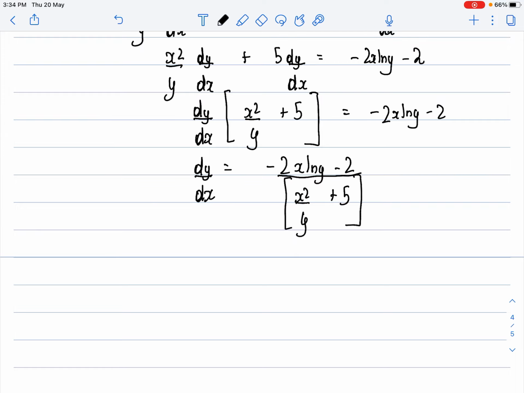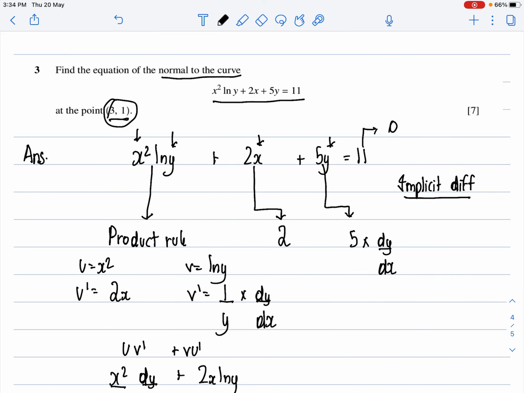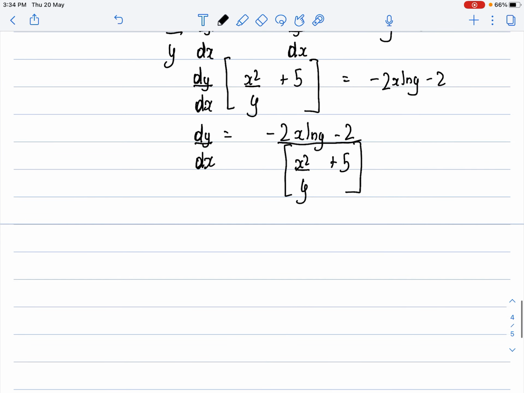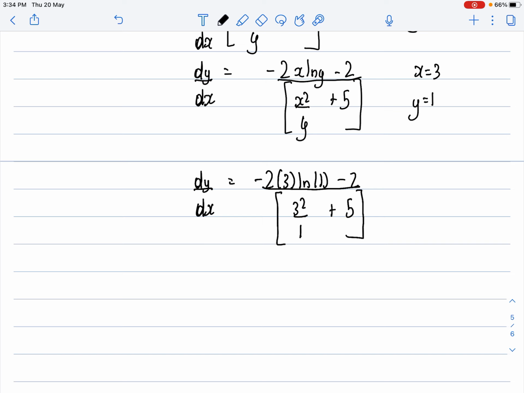Now I know my point is 3 and 1, which tells me that my x is 3 and my y is 1. So I can write dy by dx equals minus 2 into 3 ln 1 minus 2 over x square, which is 3 square by 1, plus 5.